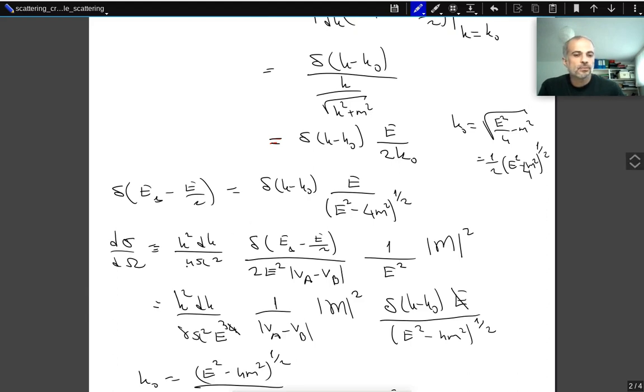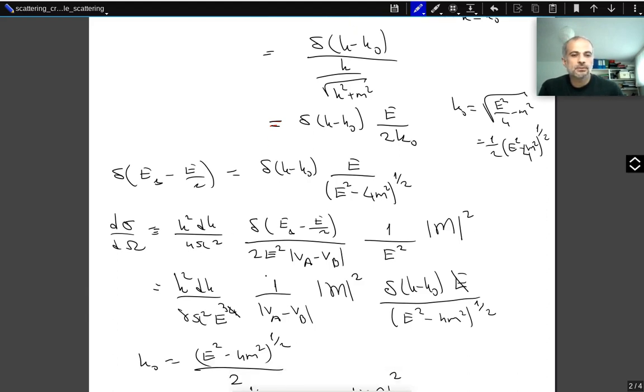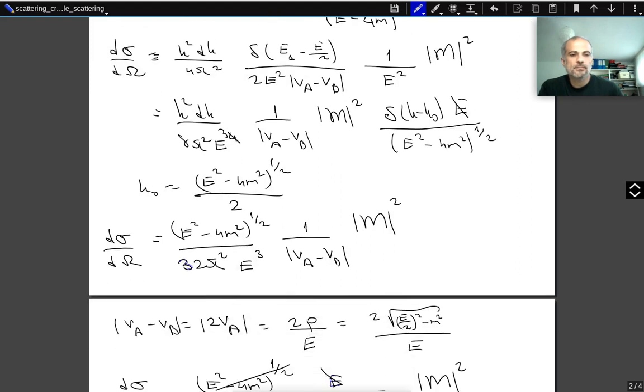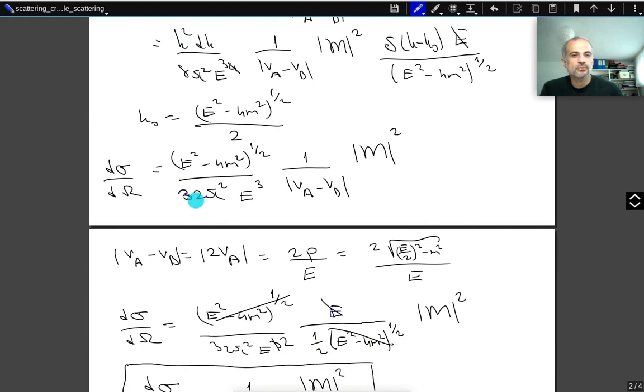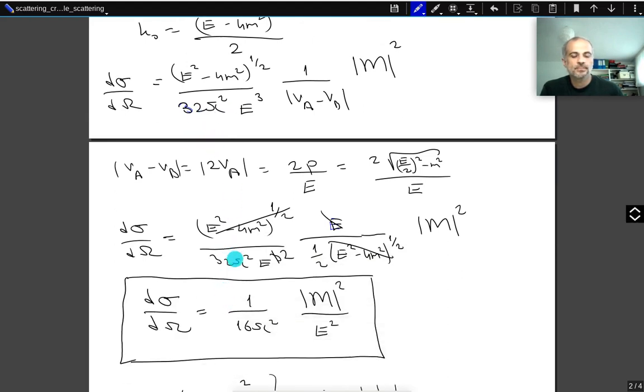So here we have 4 pi squared, still continue, this is 8 pi squared. Here we have the k squared, which becomes k0 squared, so there is an additional factor 4, it becomes 32 pi squared.